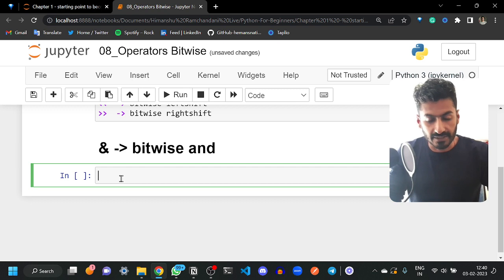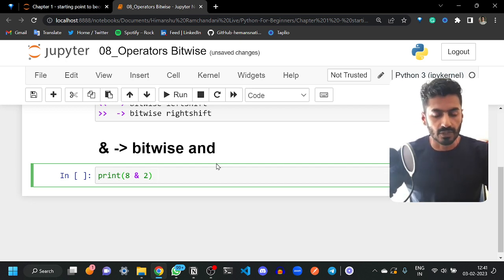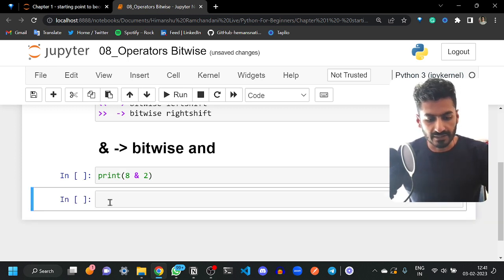To understand this, let me ask you a question here. 8 and 2. So what does this operation mean, 8 and 2? To solve this particular question we have to understand how to calculate binary.